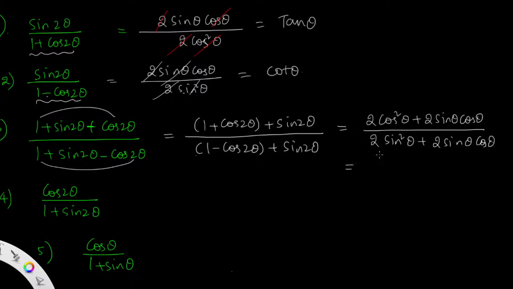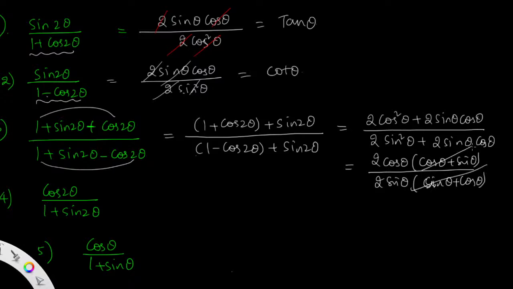So in the numerator 2 cos theta is common, then cos theta plus sin theta, and in the denominator 2 sin theta is common, that is sin theta plus cos theta. Now cancelling the terms, the 2 and the bracket terms get cancelled, then it is also a cot theta answer.